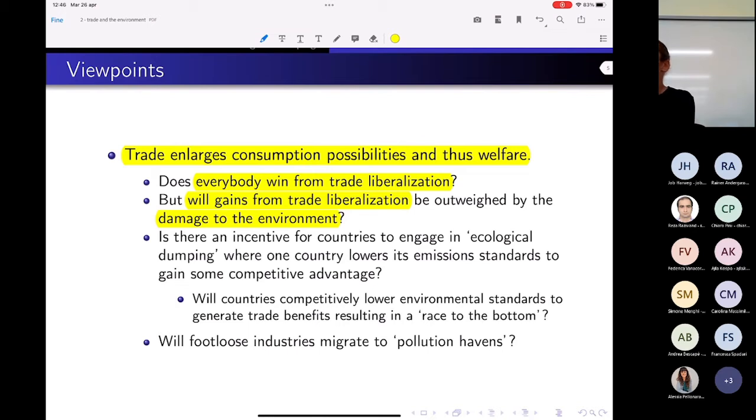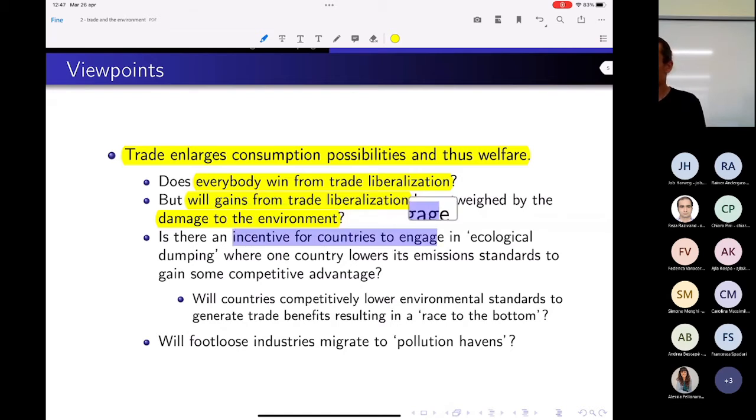They have damage done to their environment. The question is, will gains from trade outweigh these damages, such that indeed you have an increase in welfare if you take the environment into account? These are the questions that we are going to discuss.